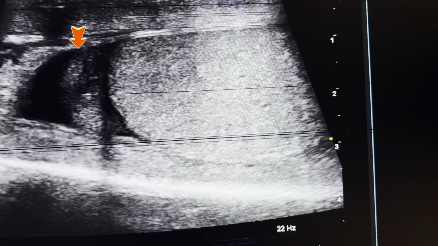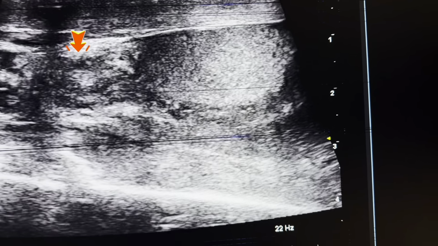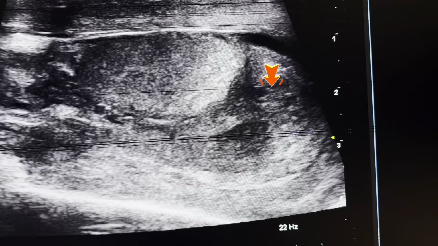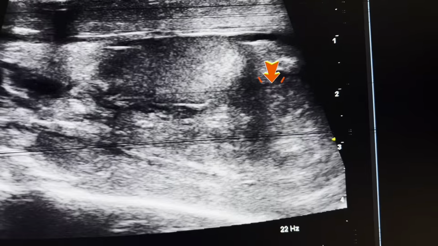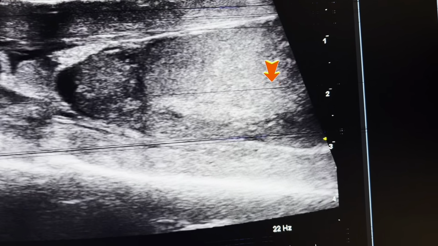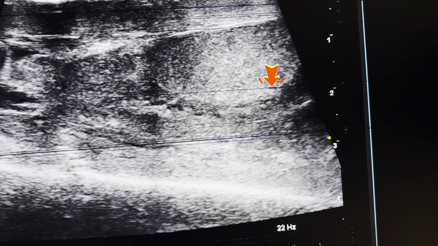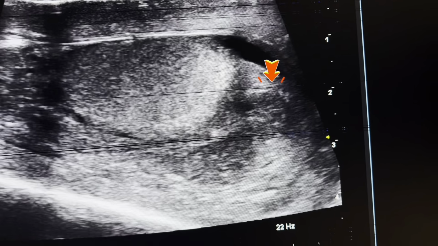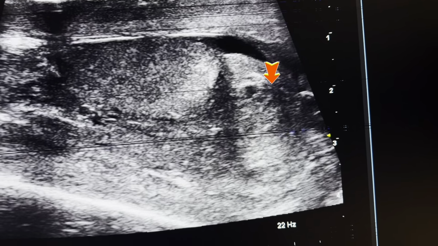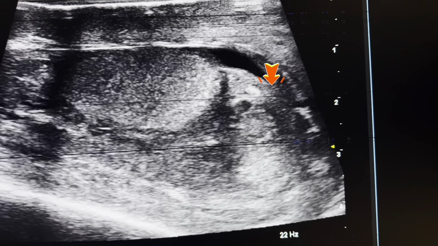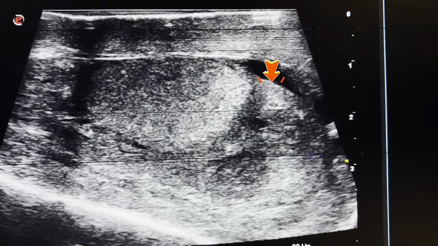The epididymis also shows mildly increased echogenicity. This is the body and this is the tail of the epididymis. The size of the body and tail of the epididymis is also increased and shows heterogeneous texture due to inflammation.